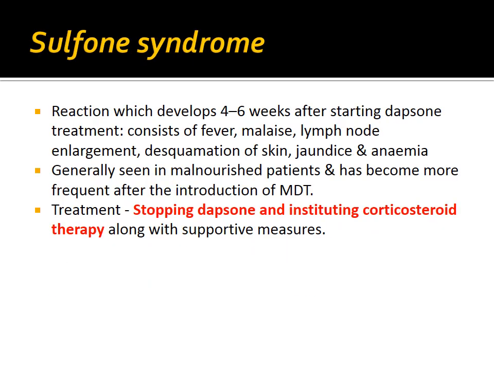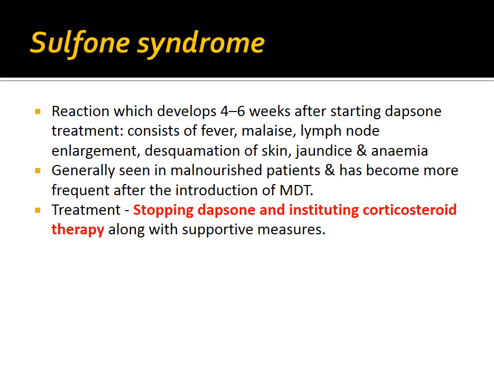Okay. Then there is a characteristic syndrome with dapsone called sulfone syndrome. This reaction develops 4 to 6 weeks after starting dapsone treatment, means after 1 to 1.5 months. So what happens in sulfone syndrome? There is appearance of fever, malaise, lymph node enlargement, desquamation of skin, which gets ulcerated or damaged.